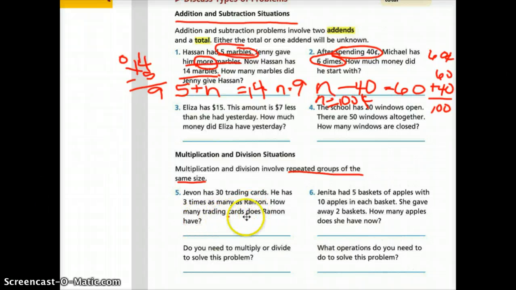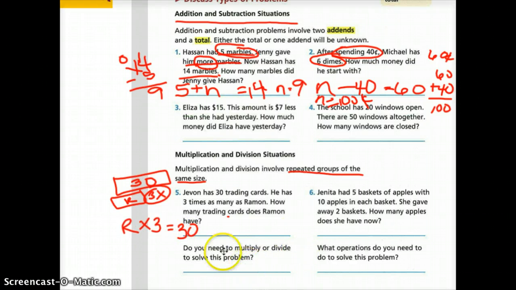How many trading cards does Raymond have? So, Javon has 30. 3 times Raymond's. I want to know how much Raymond has. That tells me that Raymond times 3 equals 30.